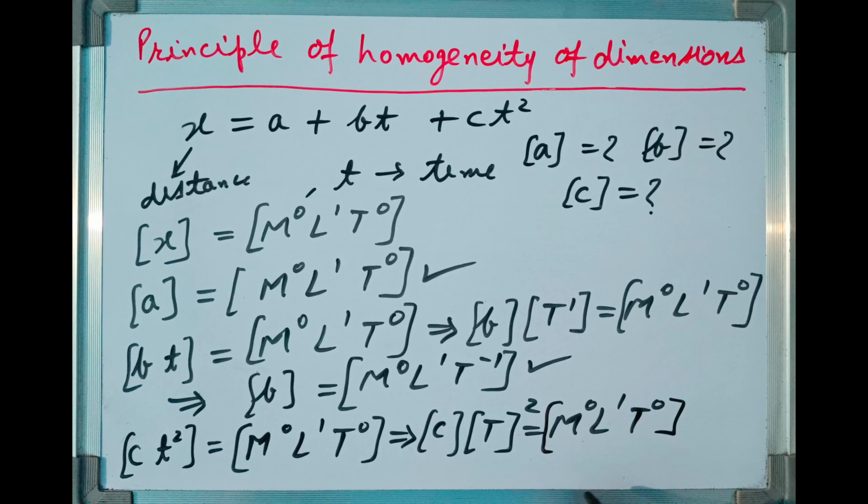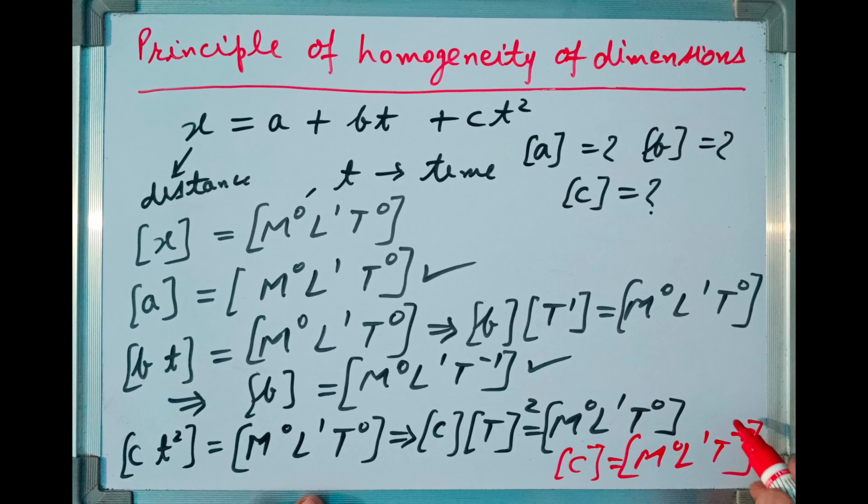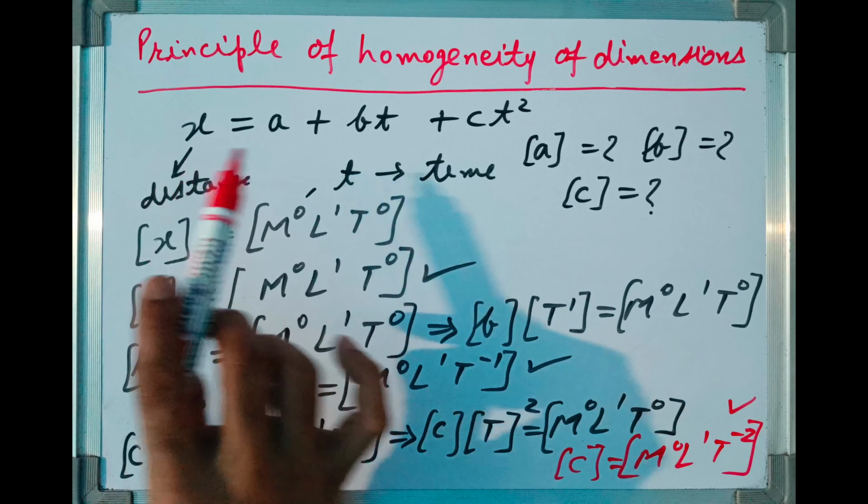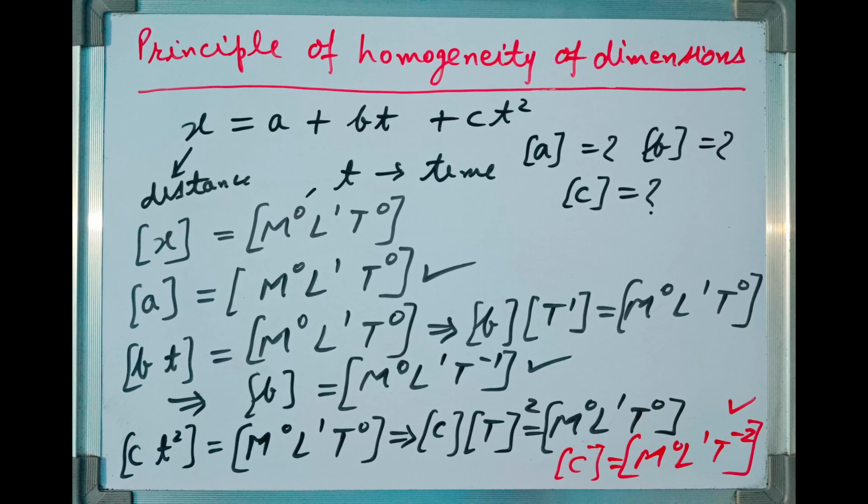After simplifying, I can find the dimensional formula of c as equal to M raised to power 0, L raised to power 1, and T will be equal to minus 2. So this is the dimension formula of c. This is how we can find the dimension formula of all three constants by using the principle of homogeneity of dimensions. That's all.